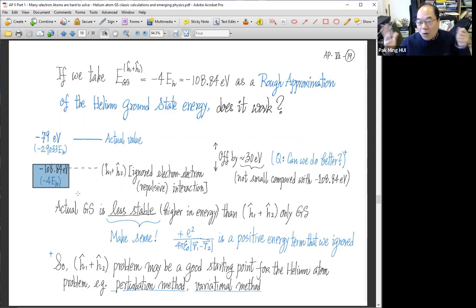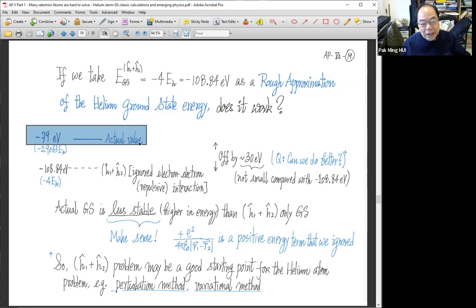We look up tables. You can Google it now, helium ground state energy. You will find this -79 eV. That is taken as the actual value. So we are off by 30 eV. Pretty bad, huh? Well, depending on your taste, I would say not too bad, okay? But 30 eV is a big energy.